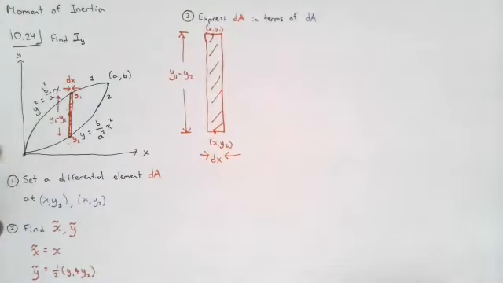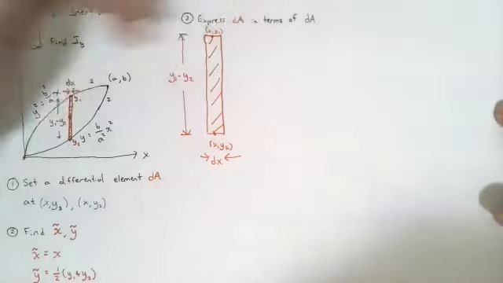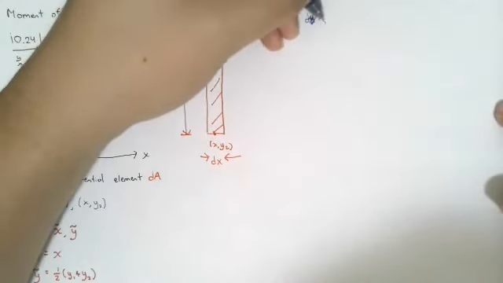So if I were to ask you to express the area of that element in terms of these dimensions, then what is the area? I wrote dA here in terms of dx.